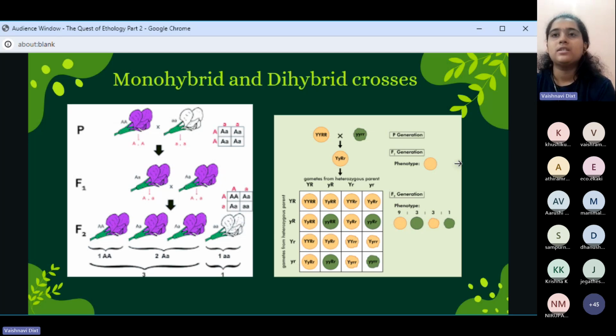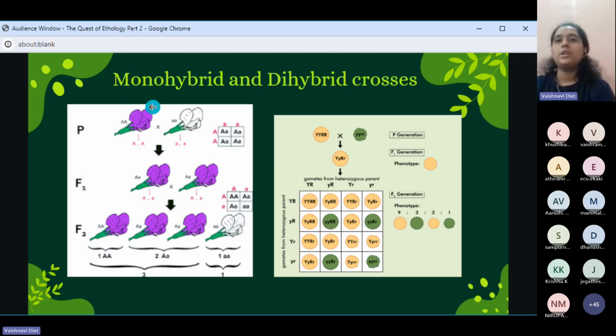So he crossed a purebred purple flowered plant with a white flowered plant. I'll tell you later what purebred means.